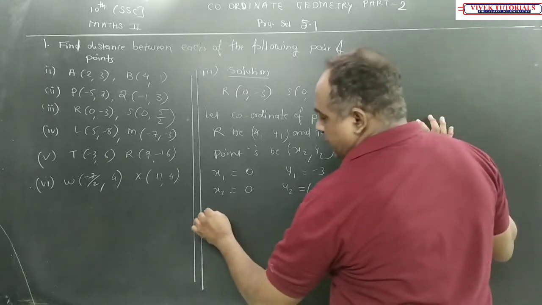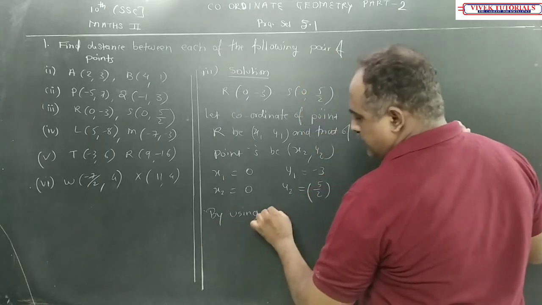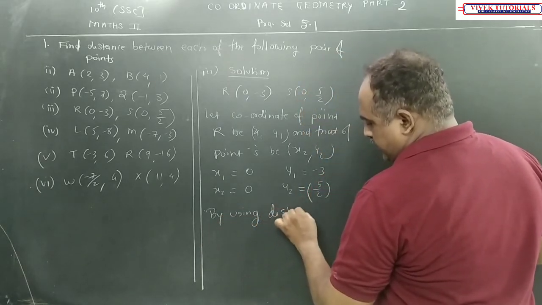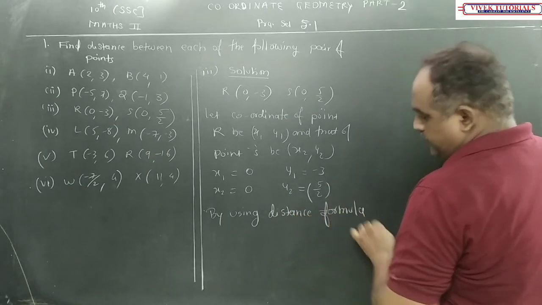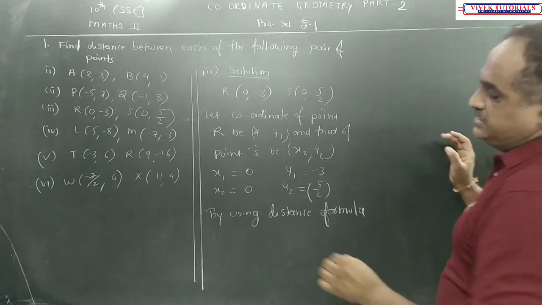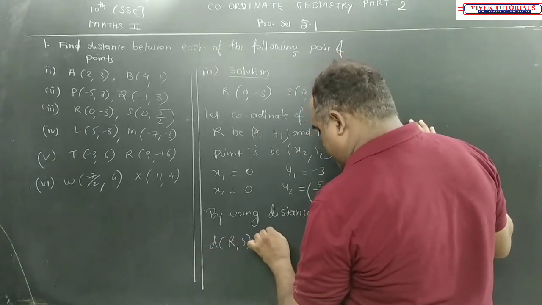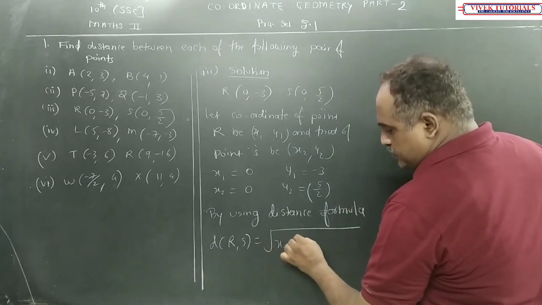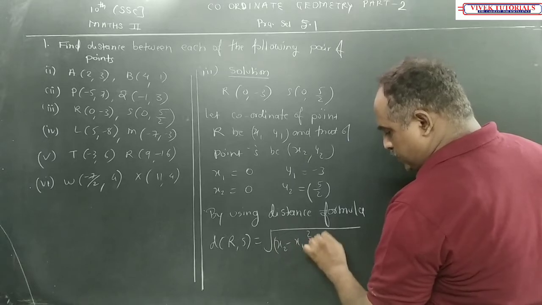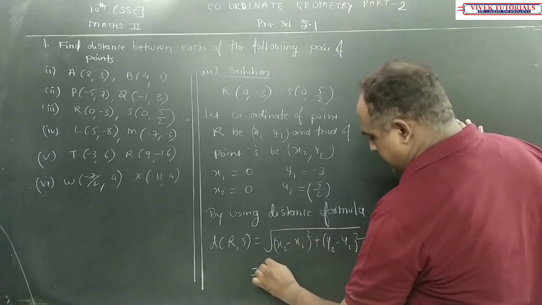Now after that, what you are going to write? By using distance formula, distance RS is equal to root of x2 minus x1 the whole square, y2 minus y1 the whole square.